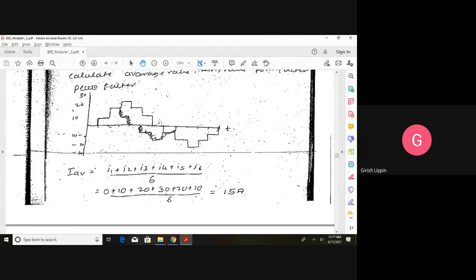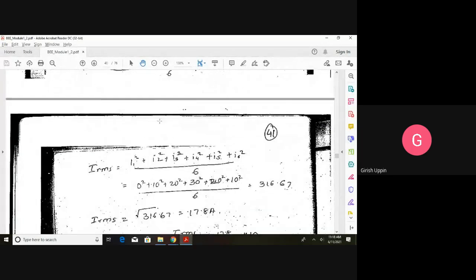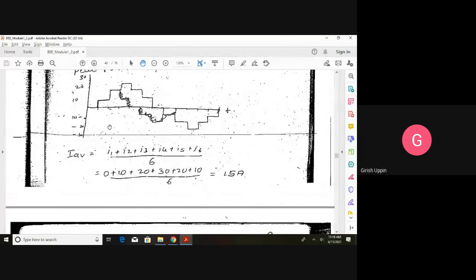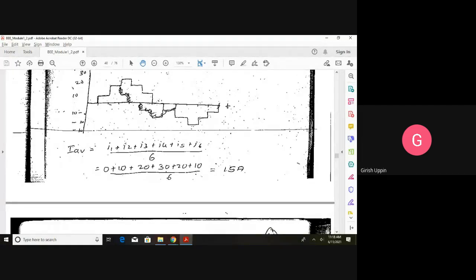And the RMS value is 17.8 amperes. So 17.8 is the direct current equivalent which will produce the same amount of heat in a given time as produced by this alternating waveform. That is the meaning of the average and the RMS values.